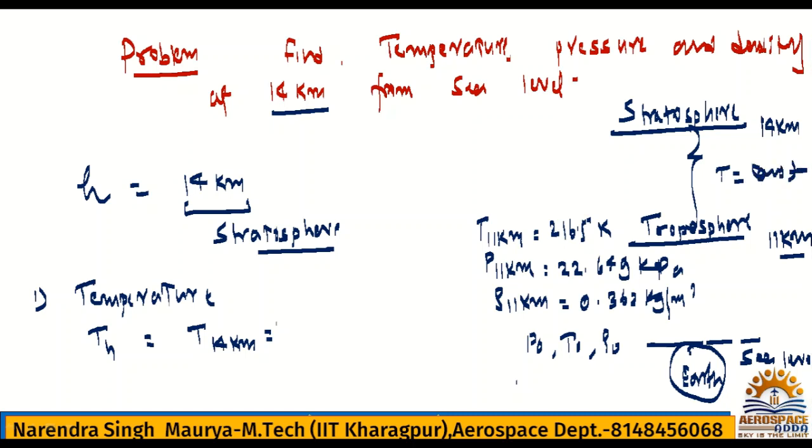And what will the temperature be? It is the temperature at 11 kilometer, because the stratosphere starts from 11 kilometer altitude. So the temperature at 14 kilometer will be the same as at 11 kilometer. What is the 11 kilometer temperature? It is 216.5 Kelvin. Understood? Yes or no?